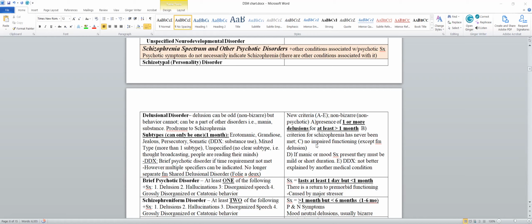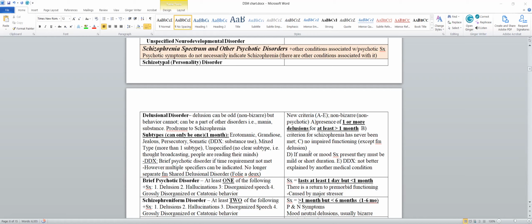Criterion C, no impaired functioning except from the delusion. Criterion D, if manic or mood symptoms are present, they must be mild or short in duration. Criterion E, differential diagnosis, not better explained by another medical condition.